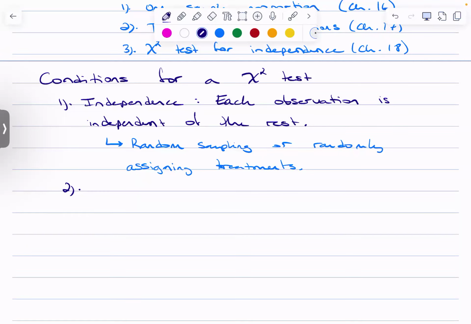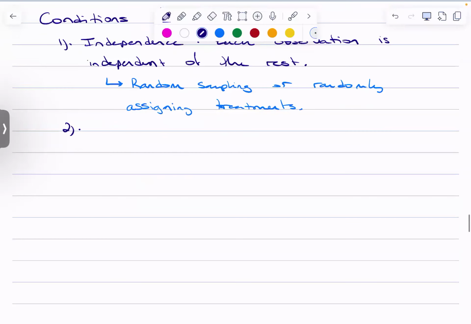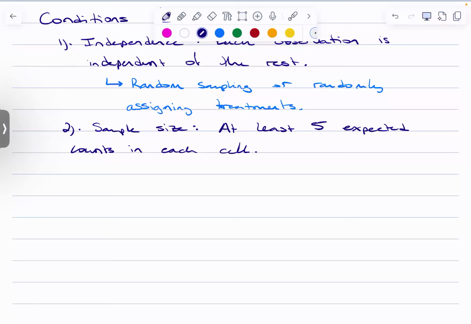But the next condition is our sample size condition, and all it is, we need at least 5 expected counts in each cell.